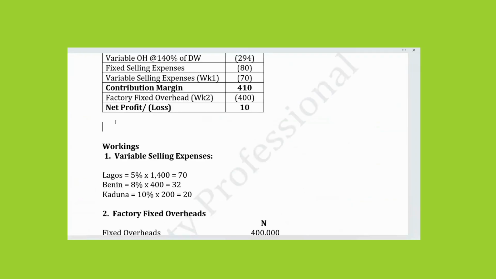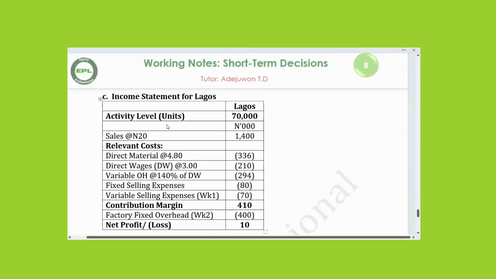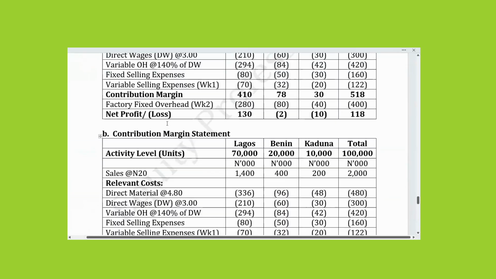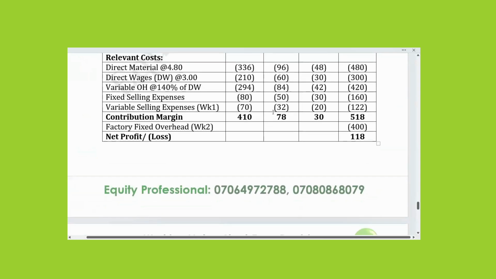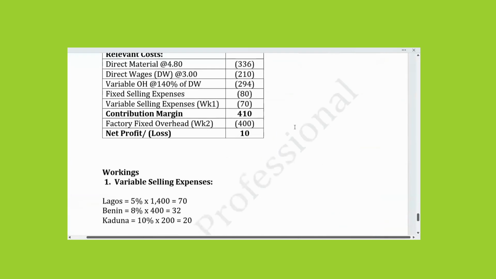When you look at the income statement we prepared using the contribution margin approach, you will notice that Benin and Kaduna generated positive contributions of 78,000 and 30,000 respectively. If you add the two together, 78 plus 30, that will give you 108,000.